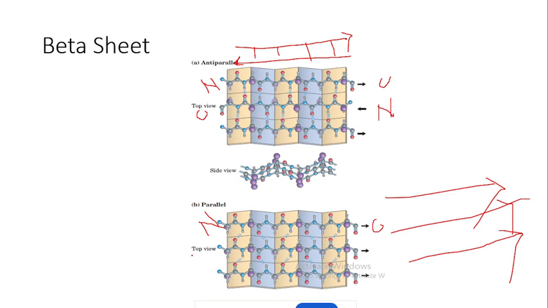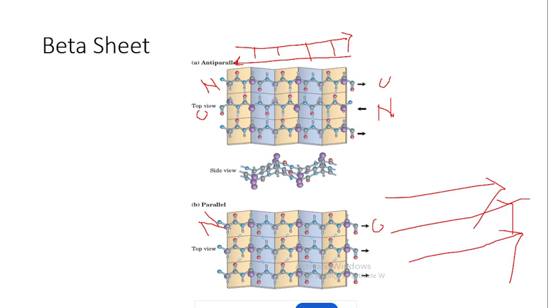The N terminus of one strand aligns with the C terminus of another. That is a parallel orientation. Where, in parallel or anti-parallel? In parallel, what's happening?